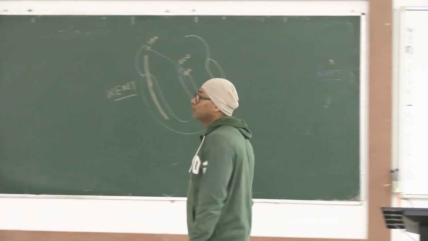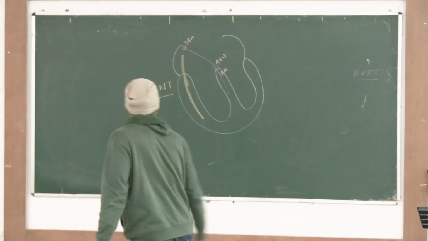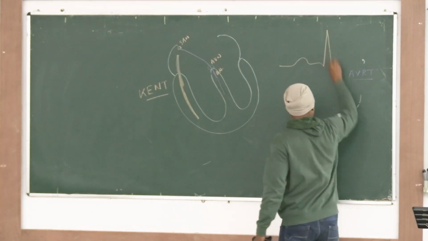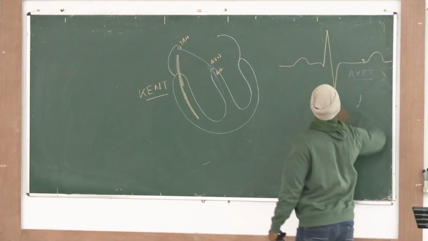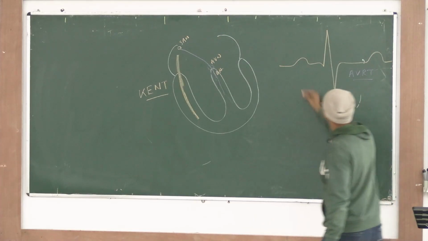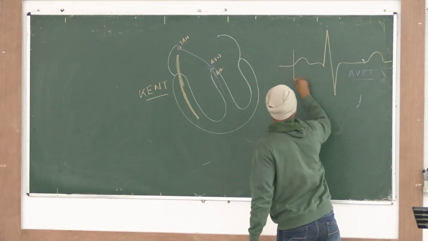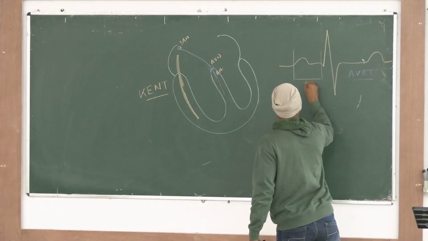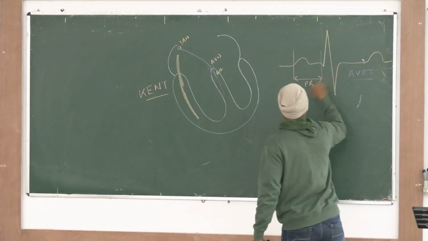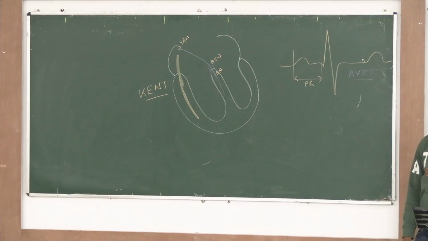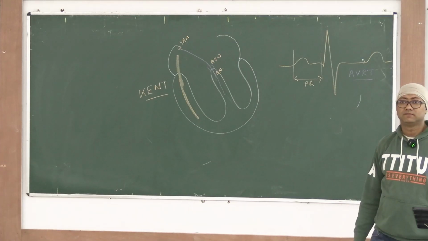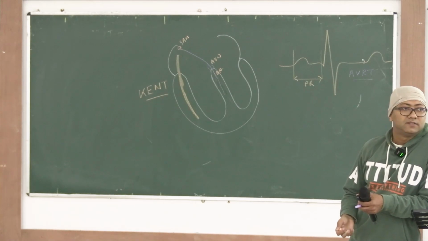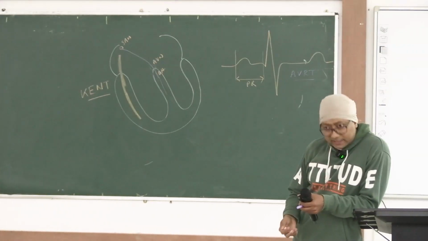And you know what the PR interval in an ECG is. What is PR interval? From the beginning of P to the beginning of Q. This is PR. Clear? This is the PR interval. And what does PR interval signify? Yes, very nice.